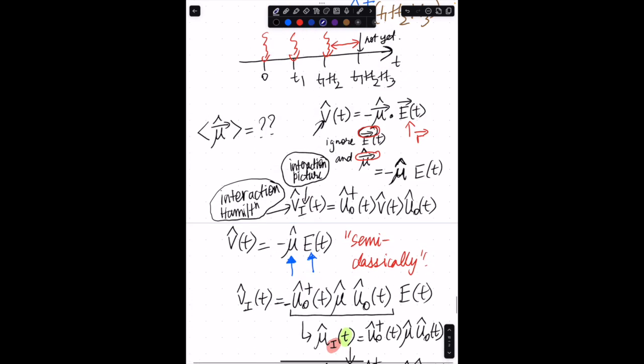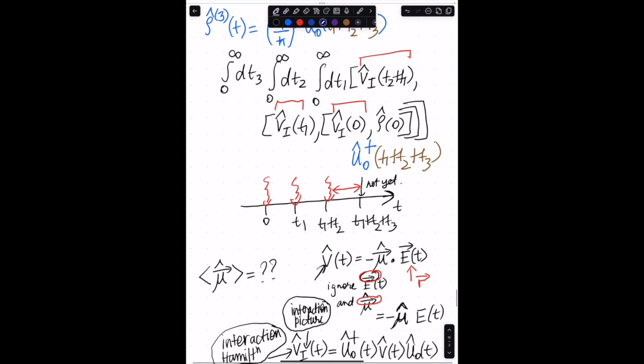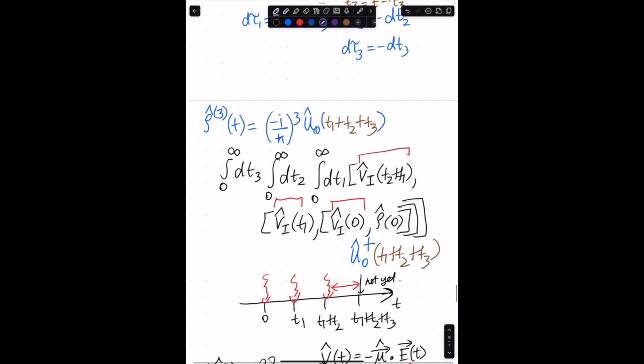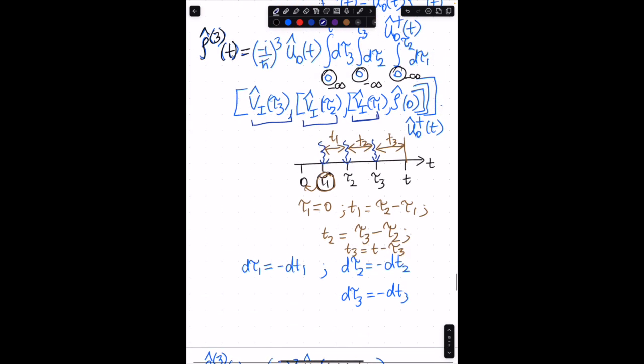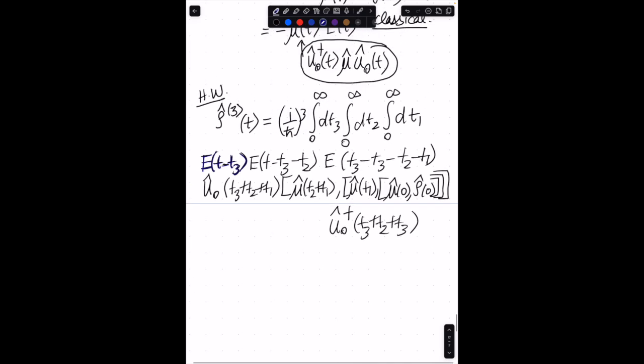As I had just mentioned, if you look at the scale, it would be easier to observe that E of t minus t3 is the same as E of t1 plus t2, and then E of t minus t3 minus t2 is the same as E of t1, and then E of 0 is the same as E of t minus t3 minus t2 minus t1.